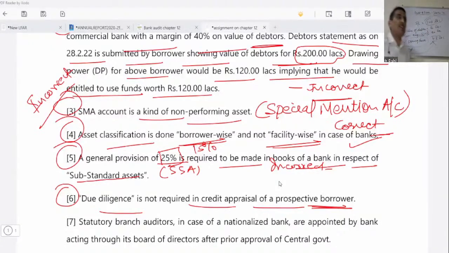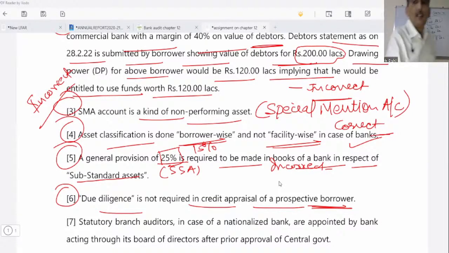Yes, guys, waiting, just send your mail lightning fast. Fairly simple question. Simple common sense question. Due diligence is not required in credit appraisal of a prospective borrower.